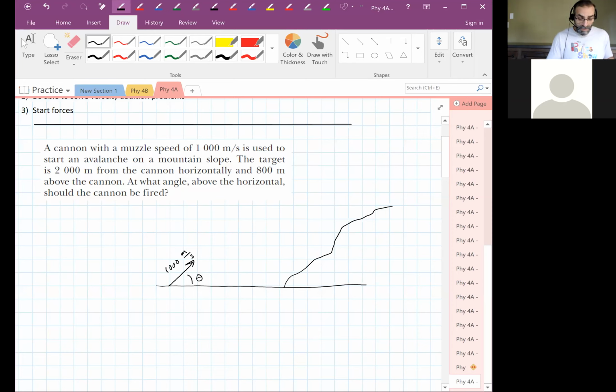And the projectile lands up on this hill somewhere. So this is 2,000. And this was 800, I believe. And they want to know what angle.